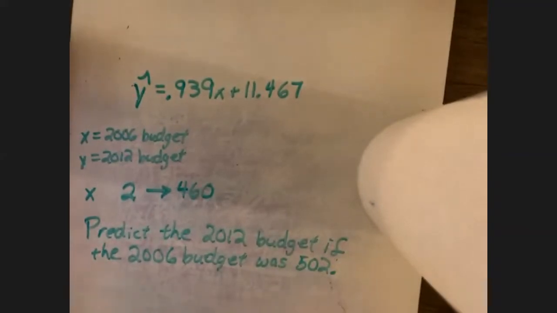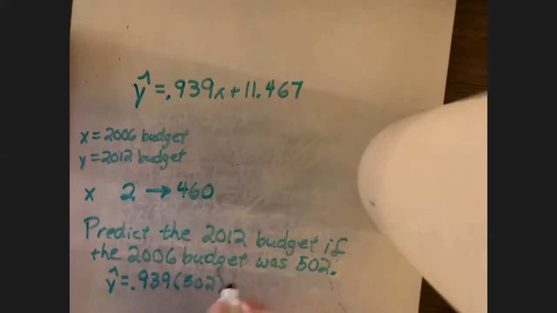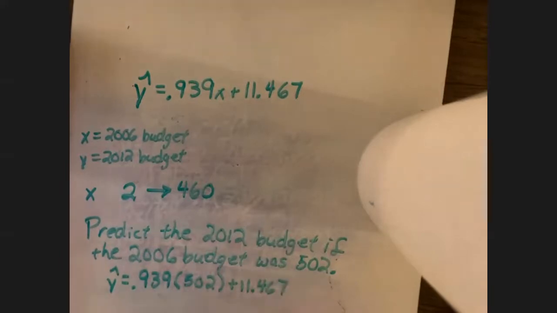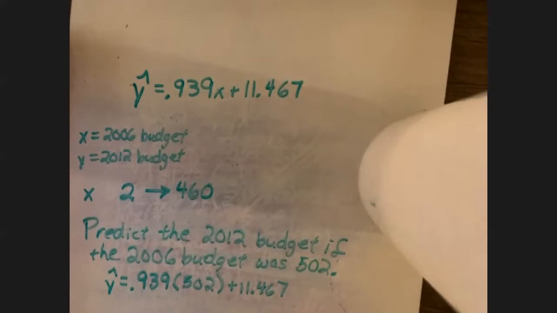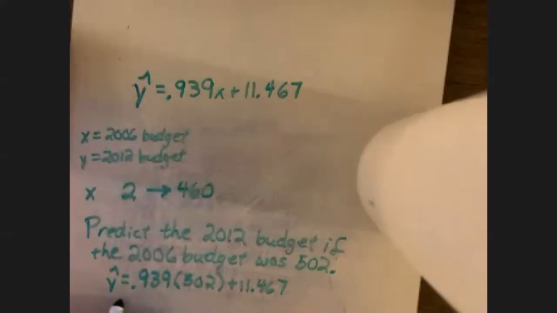So guys, what that means we're going to do is we're basically plugging in 502. Okay, and what we get is that it would be 482.845.